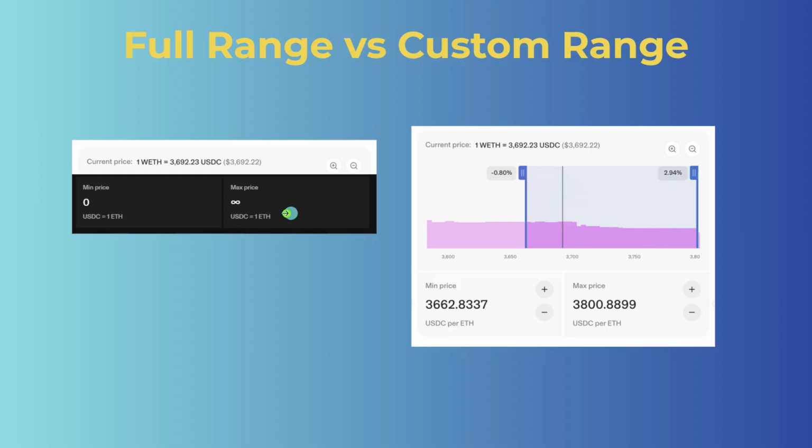So it is the same as Uniswap V2. We are not concentrating liquidity. In this case, we are choosing a range, for example, between 3,000 and 3,800. If the price of Ethereum is inside it, we earn from the fees. If it goes outside, we don't earn from it anymore.